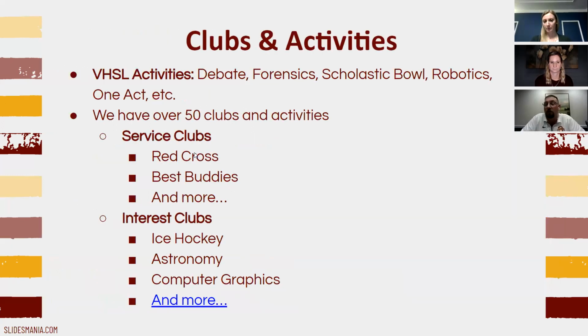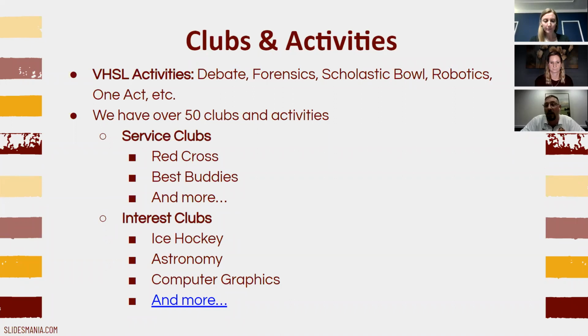In addition to our sports programs, we have a very robust activities and club program. There are pretty much three different types of clubs that we have. There are the academic VHSL activities, and those include debate, forensics, scholastic bowl, robotics, and one-act plays.